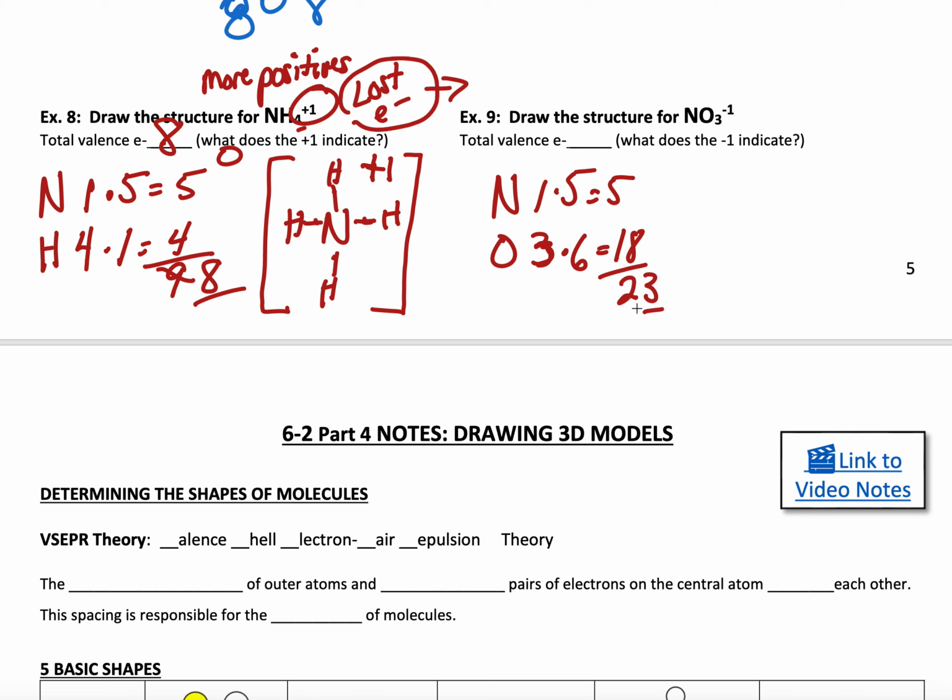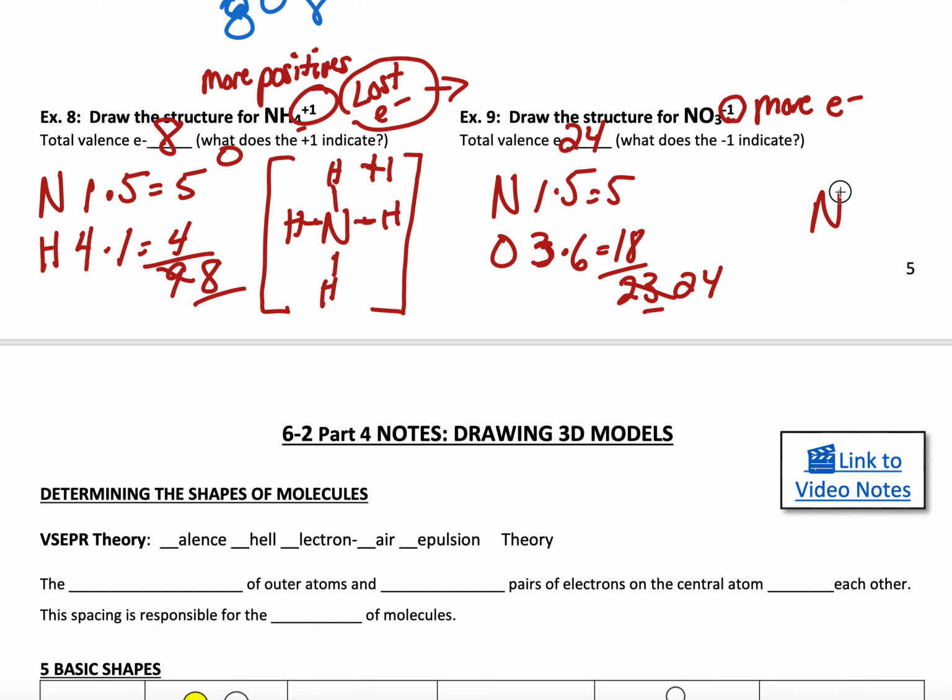Again, it's an odd number. That's not good. So we have to factor in our charge. A -1 means there's 1 more negative electron. So 23 is going to go up to 24 when we factor our charge in. And now that we have an even number, let's take off.